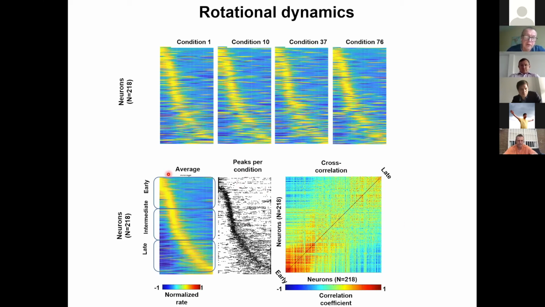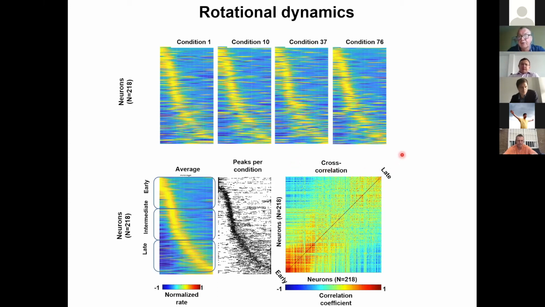So here, this is their data. The Y-axis represents neurons. This is time. By condition, they mean different movements, like movement to the right, movement to the left, or movement up, but through some convoluted trajectory.